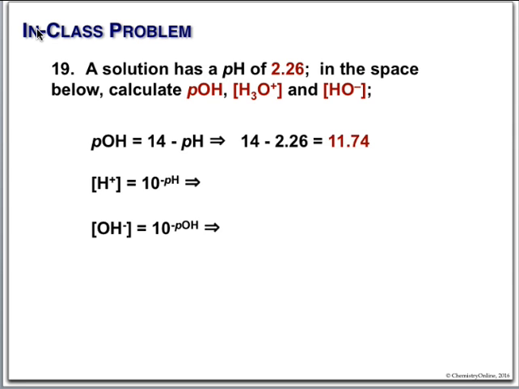Secondly, 10 to the minus pH. Here you need your calculator. You do 10 to the x, type in minus. Remember, it's a minus pH, minus 2.26. And that's 5.5 times 10 to the minus 3.